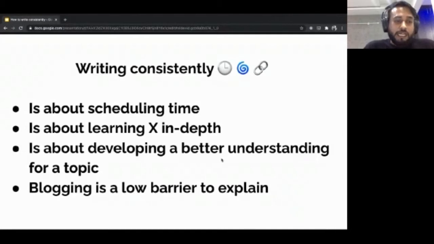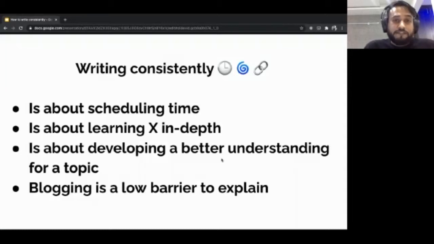Sometimes I practice this when I'm learning something new, like some new framework or some new library. I usually use this approach to develop a better understanding of that particular topic, and I write a lot of blog posts about it.